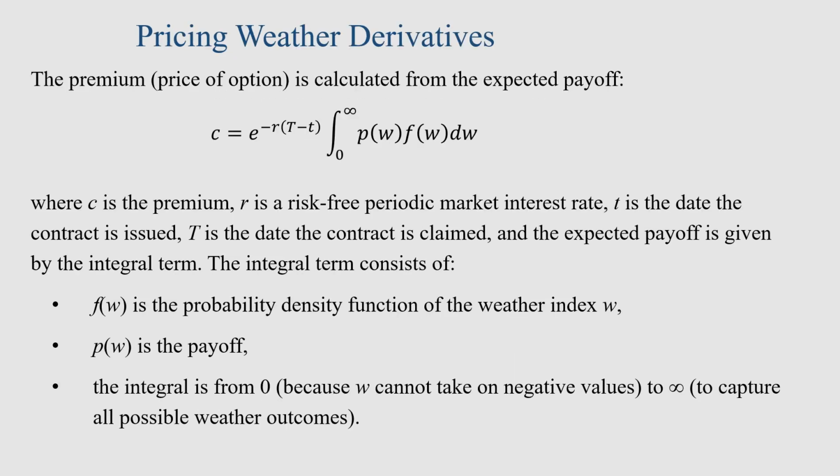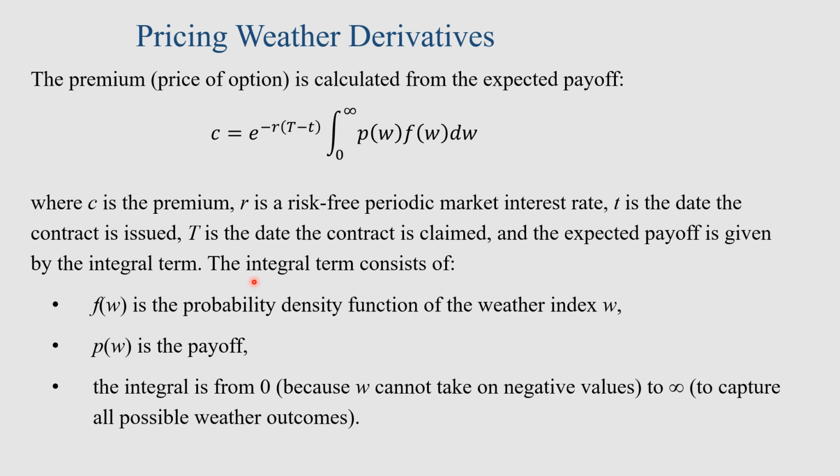So how do we price a weather derivative? The premium price of an option, for example, is calculated from the expected payoff. In this complicated expression, C is the premium or price, R is a risk-free periodic market interest rate, t is the date the contract is issued, big T is the date the contract is claimed, and the expected payoff is given by the integral term.